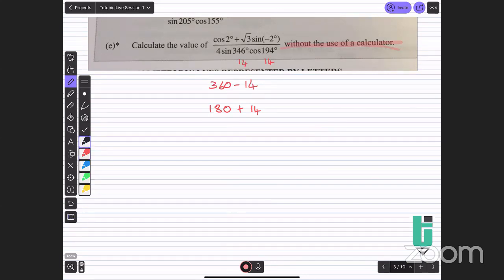What's sine of negative x? Do you guys remember the 3 steps I told you? Which quadrant is it in? Negative x is in the 4th quadrant.